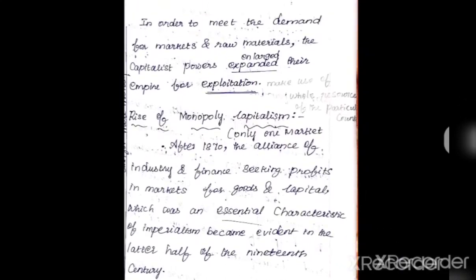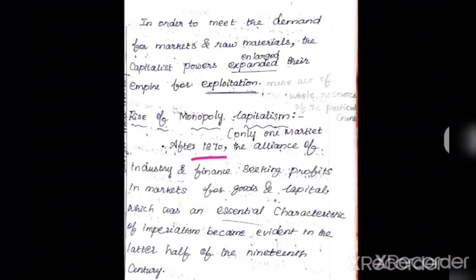Under that rise of monopoly capitalism, what is given? After 1870, what was the famous event? Unification of Germany and Italy in the year 1870, the alliance of industries.